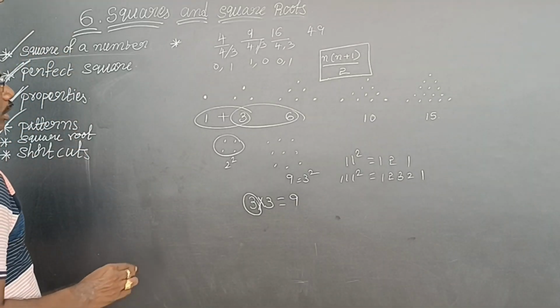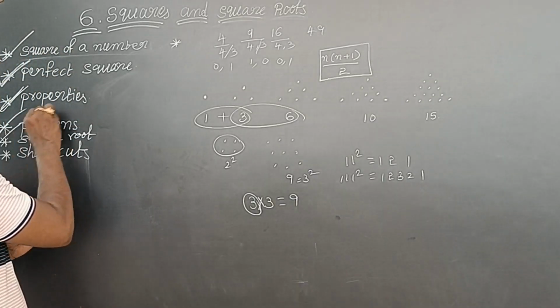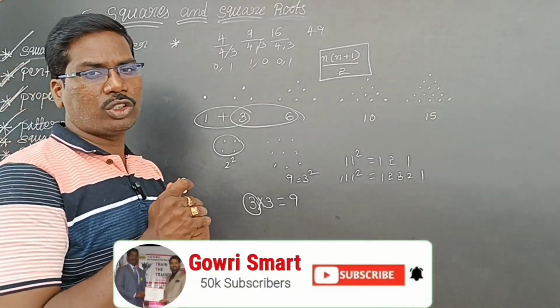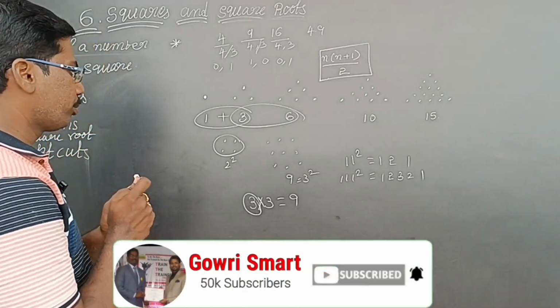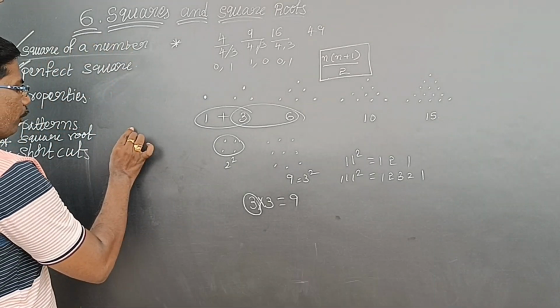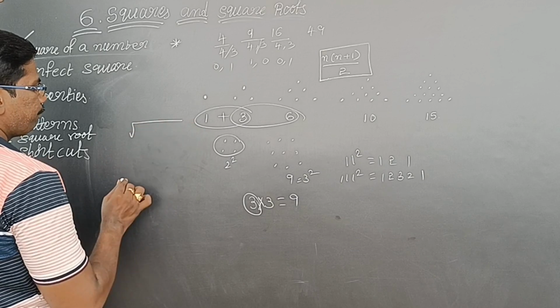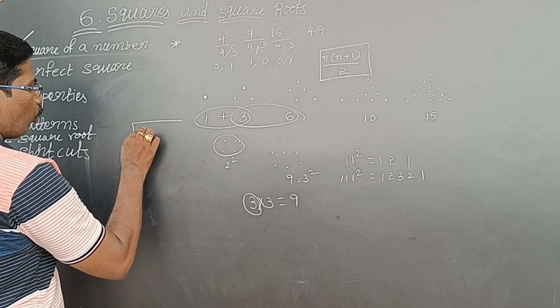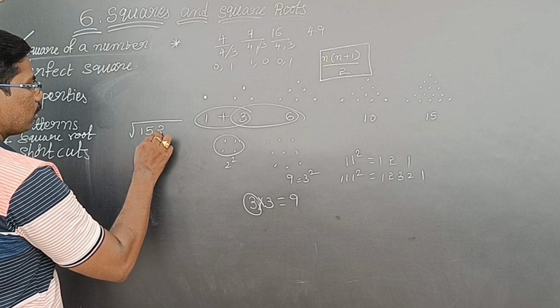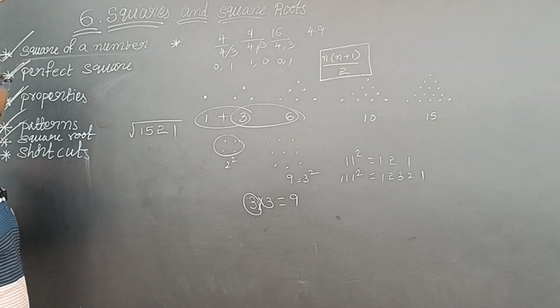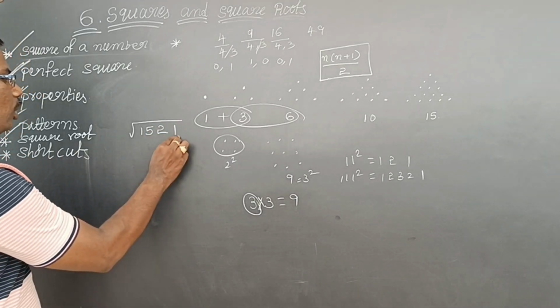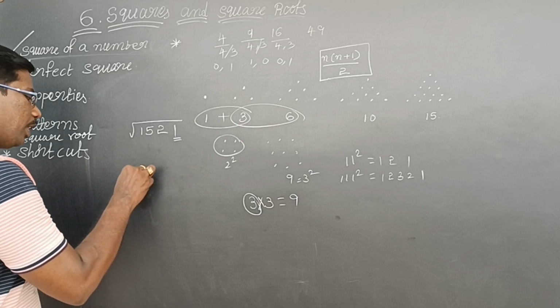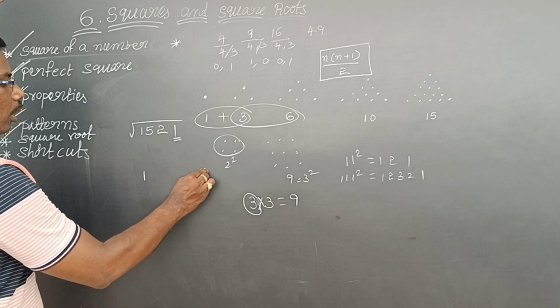Now for finding square roots, we have shortcuts. For example, I want to find the square root of 1521. See here, the units place is 1, so I will definitely get either 1 or 9.